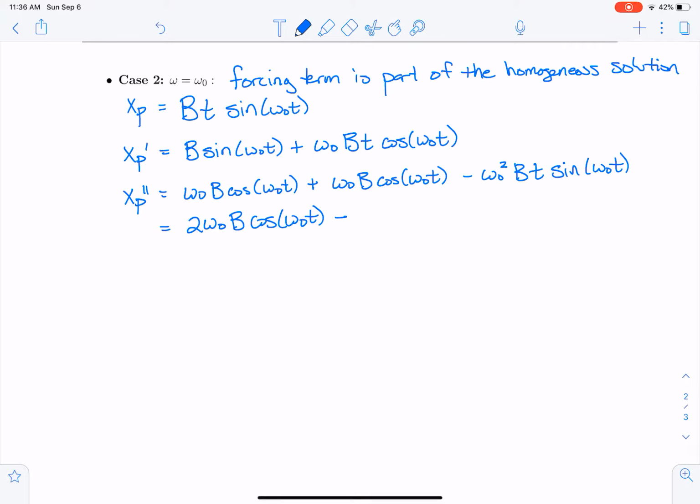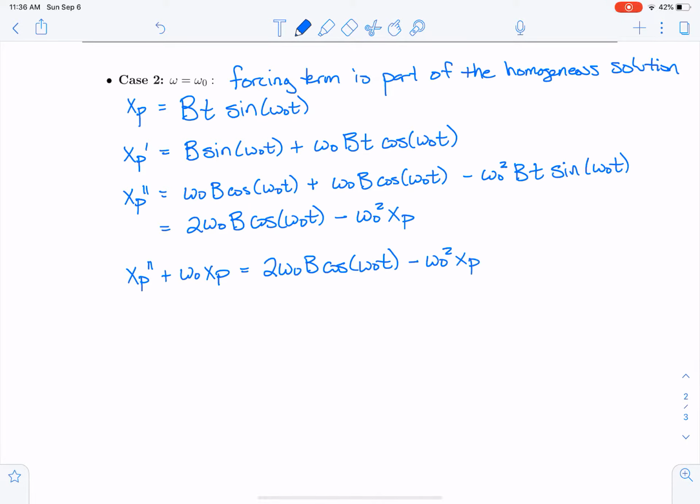And then the last term I could actually write as omega 0 squared xp, because it is just a multiple of our particular solution, xp. So xp double prime plus omega 0 squared xp is going to equal 2 omega 0 b cosine omega 0 t minus omega 0 squared xp, and then I will get plus omega 0 squared xp.